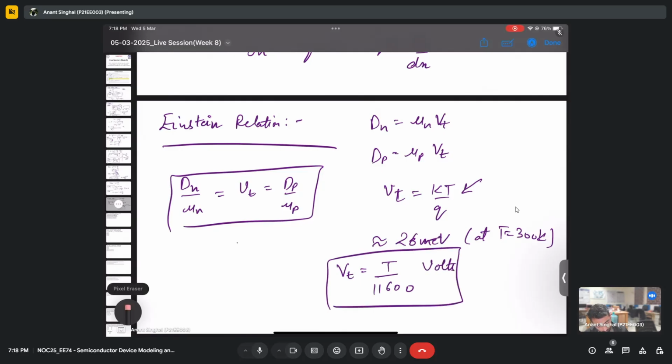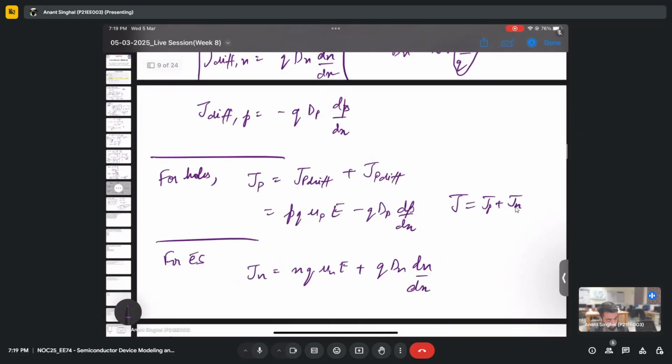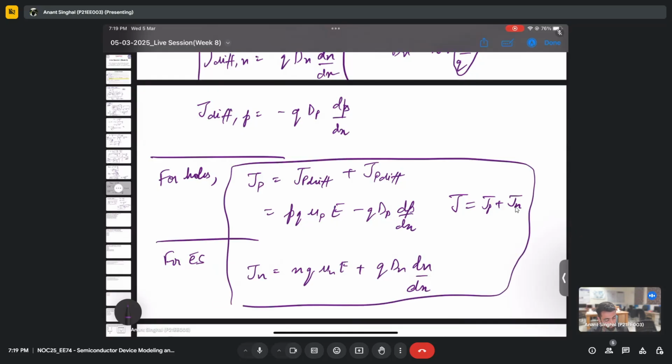Sorry, this is millivolt, not milli electron volts. Here T is in Kelvin in this formula. So this is what we have for the Einstein relation, and this is the diffusion component. I mean the total components that we need to see first.